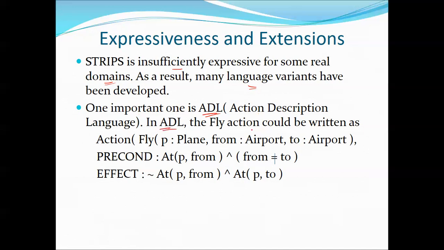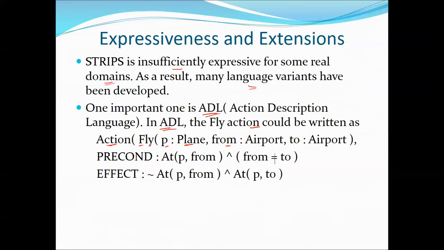In ADL, the fly action could be written like this: Action Fly(p, from, to). Here we are creating variables or objects. For the plane, we are creating an object p. P is a plane. From is an airport, so from is an instance of an airport. To is also an instance of an airport.